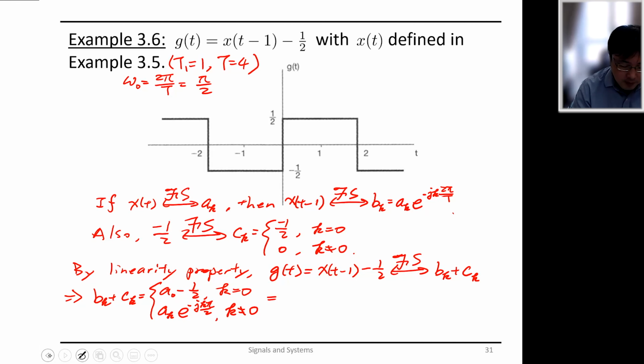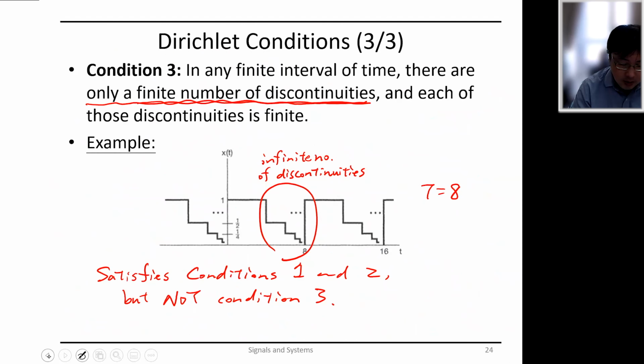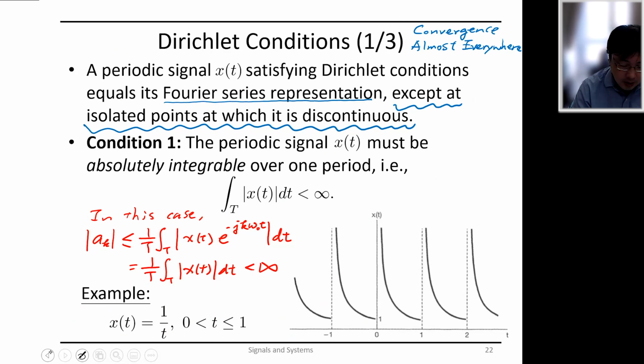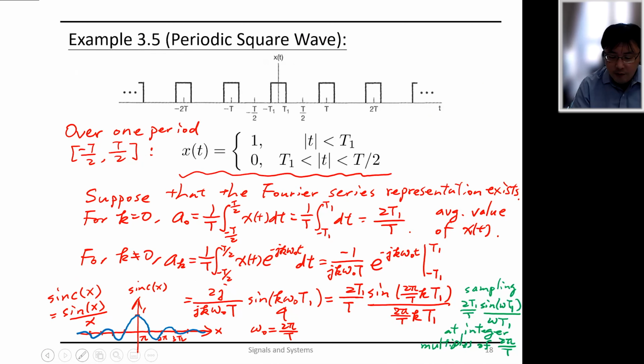From example 3.5, we showed that a0 is just 2 t1 over capital T. Now in our case, t1 is 1 and capital T is 4, so this is 1/2.